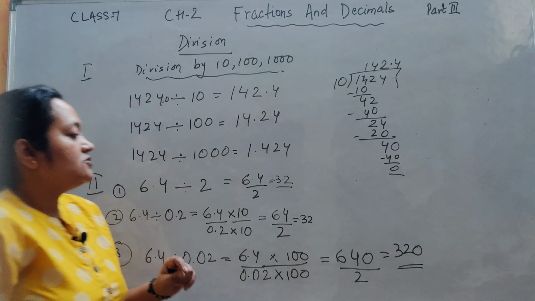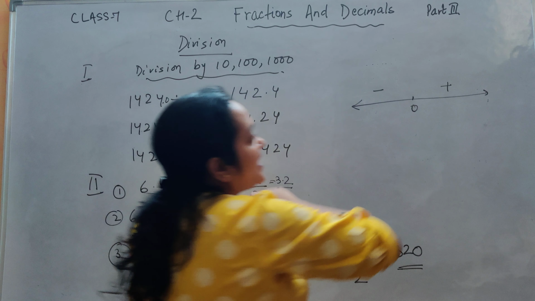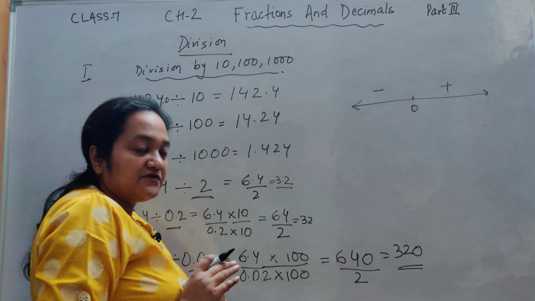I hope the topic of multiplication and division is now clear to you. But just one more small tip. How do you remember whether you have to move the decimal towards the right or left in case of multiplication and division? See, this is a number line and here you have all the positive integers and here you have all the negative integers.